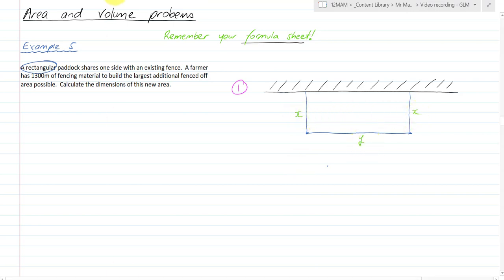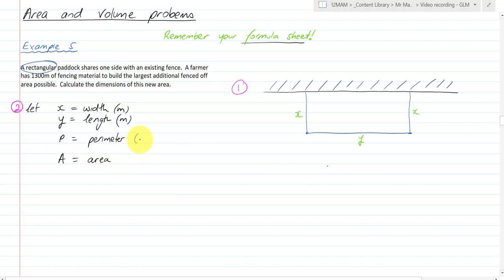So this is step 2. Let x equal the width of my paddock in metres and let y equal the length of my paddock in metres. Let P equal the perimeter and let A equal the area.